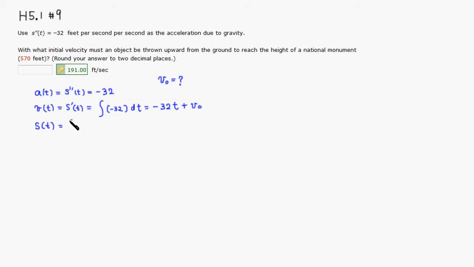So we take the antiderivative of negative 32t plus v0 with respect to t.